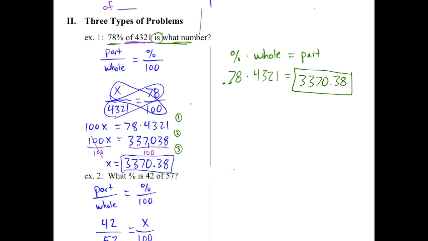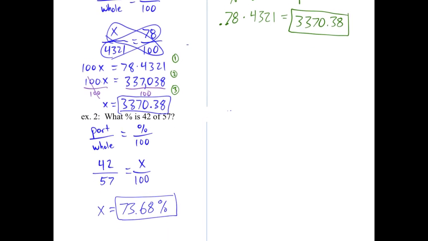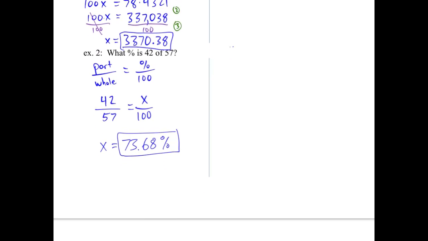Good? The other ones you will have to do a little bit of division or something like that to solve it. But second example, we have percent times the whole equals the part. And so what percent? This one's a little bit weird at the end. So we're trying to find the percent. So I could put an X in for the percent. That's our unknown. And then is 42.